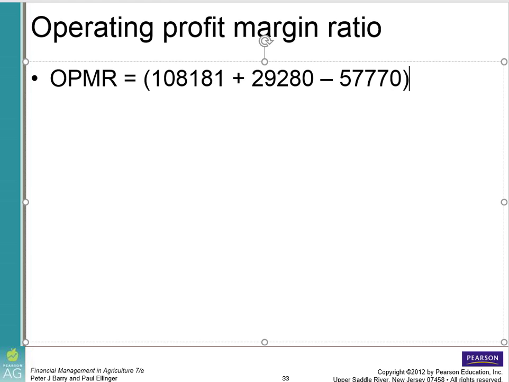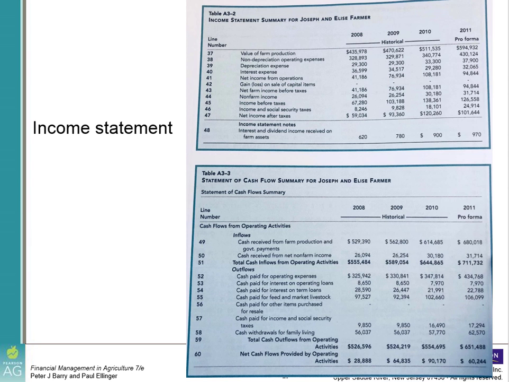Okay, where do we find that? Let's go back to this income statement right over here. Do you see the top point, line 37, value of farm production? Okay, in 2010 is 511,535. Again, a quick reminder, all the values that we're calculating, ROFA, ROFE, COFD, we're doing it for 2010.